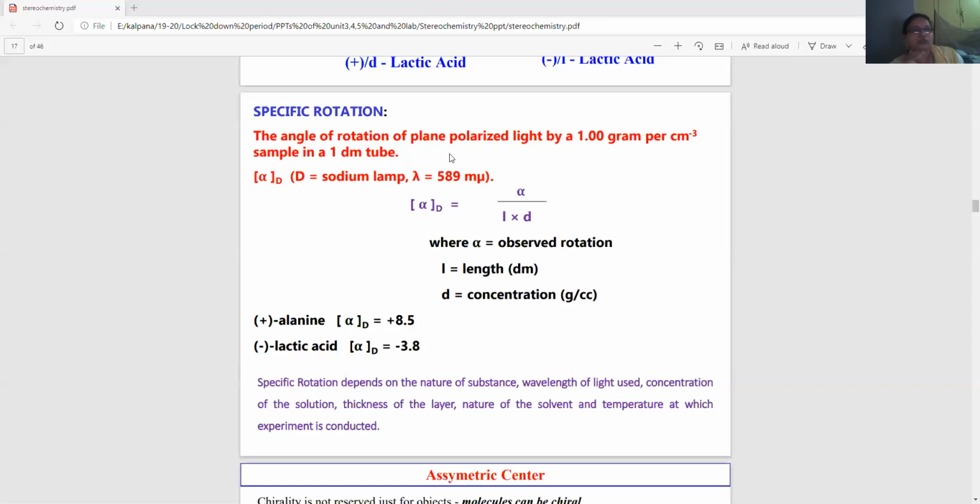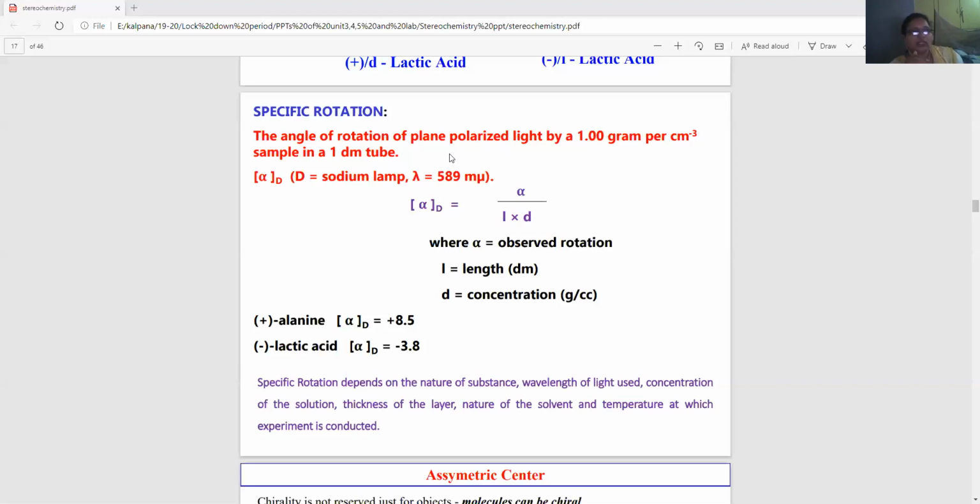So the specific rotation can be calculated using the formula alpha D is equal to alpha by L into D.